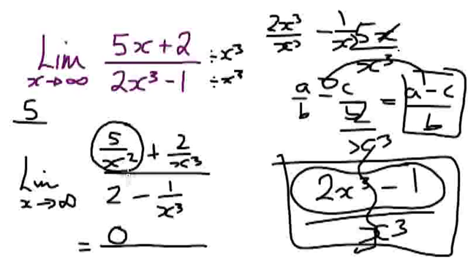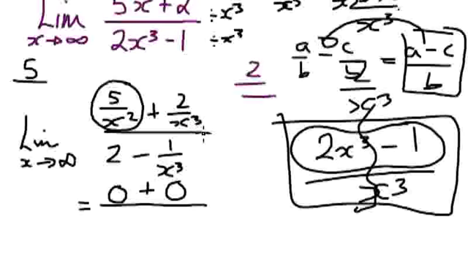And then you've got plus 2 divided by a massive number here, so that's going to be 0. So as x approaches infinity, this thing here will be 0.